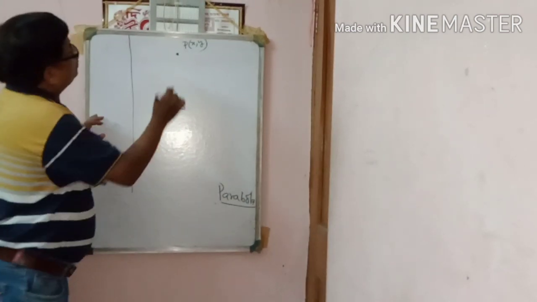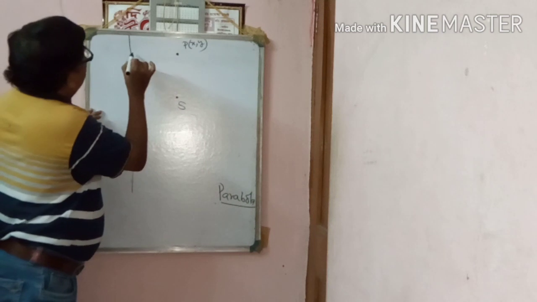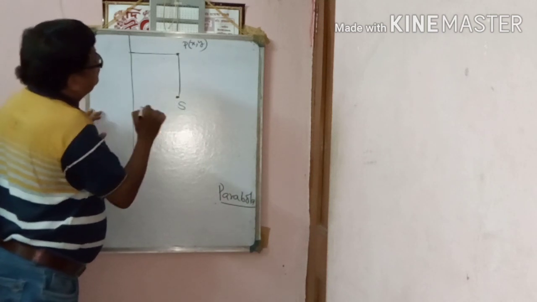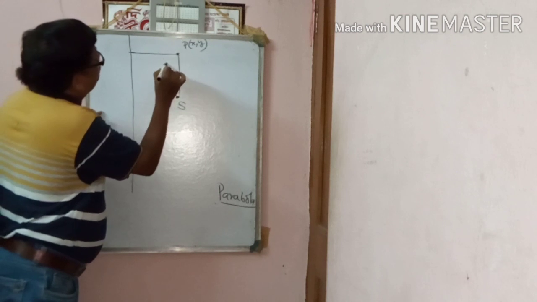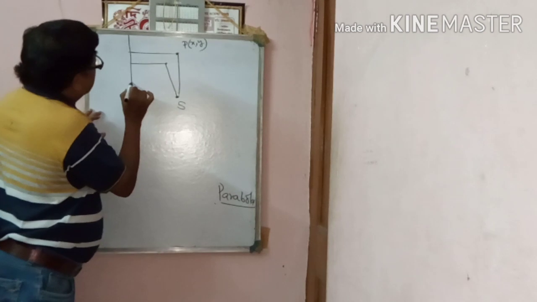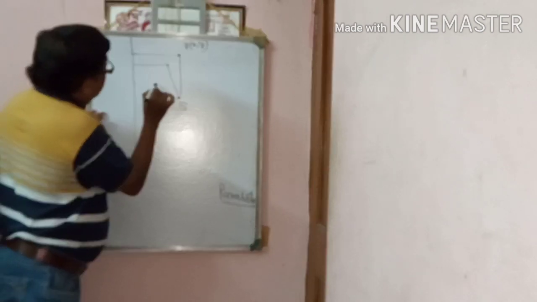See, suppose the point is here; this distance and this distance are the same. Again the point is here, suppose here. Now we join here. Again suppose the point is here.